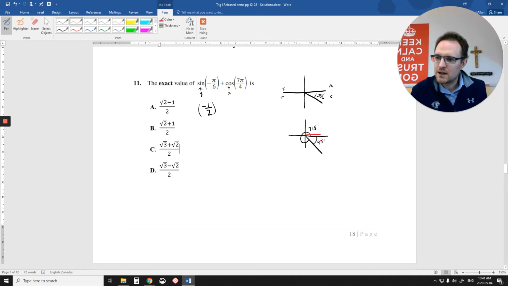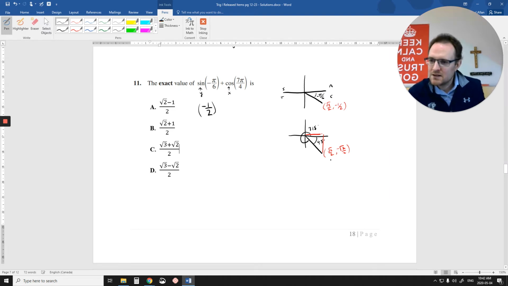So x, and this is y. My x is positive, and this point here, if you remember this point, would be either root 2 over 2 or 1 over root 2. It doesn't really matter. I'm just going to put this point down here too. This one would be root 3 over 2 and negative 1/2. Okay.